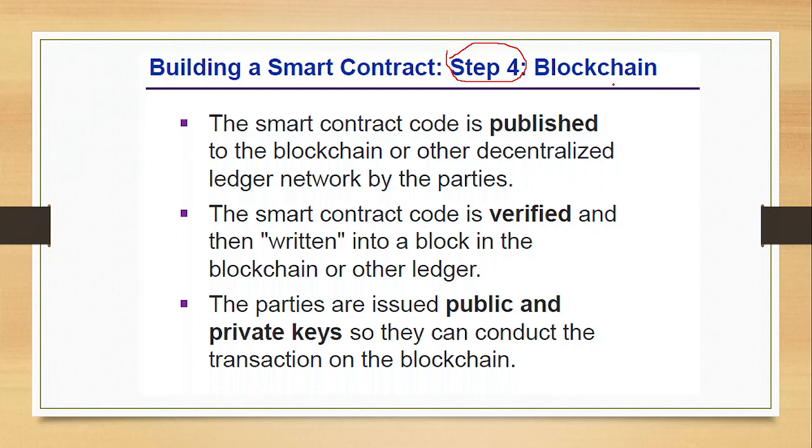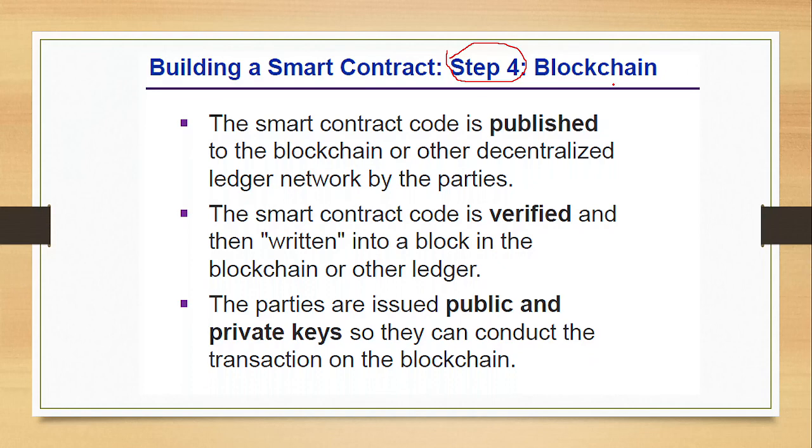Implementing simply means you publish this particular code. When you publish, once you have understood how a particular block is formed, this published set of transactions will need to be verified. The parties will be given the cryptographic keys, or rather the private and the public keys, so that they can start engaging within the blockchain.